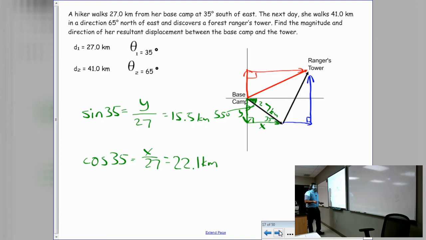So now I'm going to do the same thing on the blue triangle to figure out, again, the x and y components. The distance traveled on the second day was 41 kilometers, and that's the hypotenuse again. We want to solve for the x and y values here as well. What it gave me in terms of direction is 65 degrees north of east.